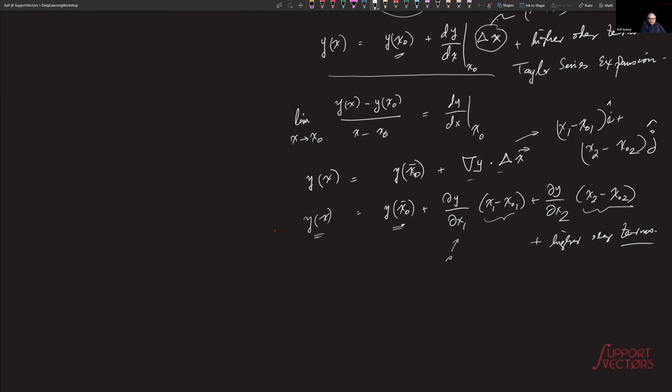And because you can do a Taylor expansion, the gradient of each of the features will contribute in an additive manner. You see that? There are higher order terms.